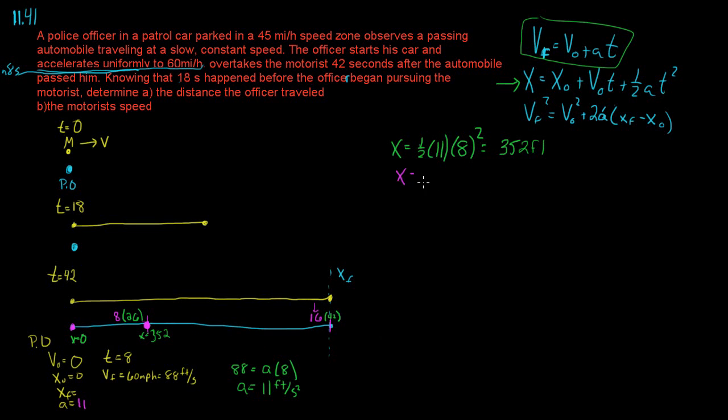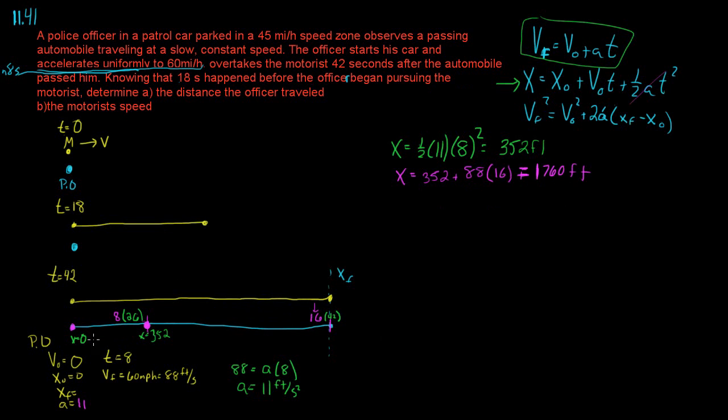So x is equal to an initial x. Our initial x, at this point, is 352, plus an initial velocity. At this point, he's moving at 88 feet per second, times the 16 seconds. And since he's moving at a constant velocity, this acceleration term goes away. We can just calculate this, and that's 1,408 feet.